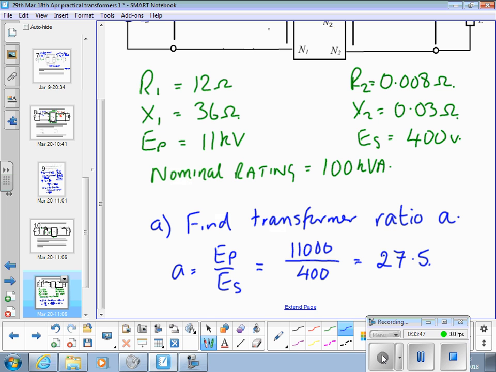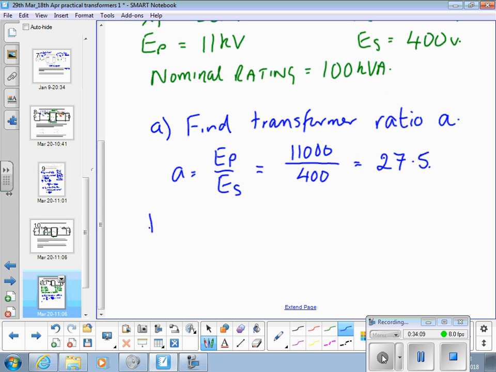But we can do it from the two voltages. The other way we could do it is from two currents if they were given as well, as in the open and closed circuit tests on the transformer.